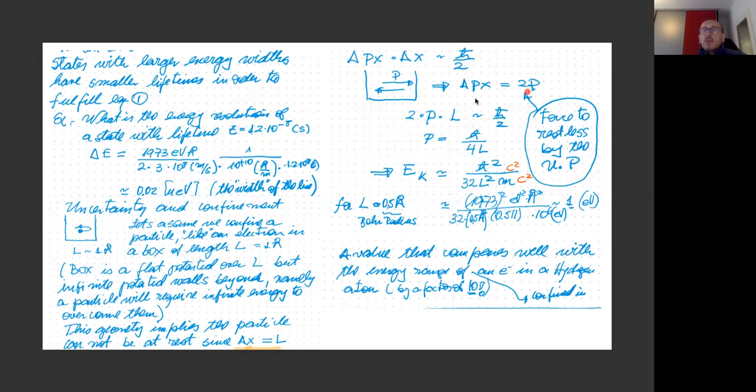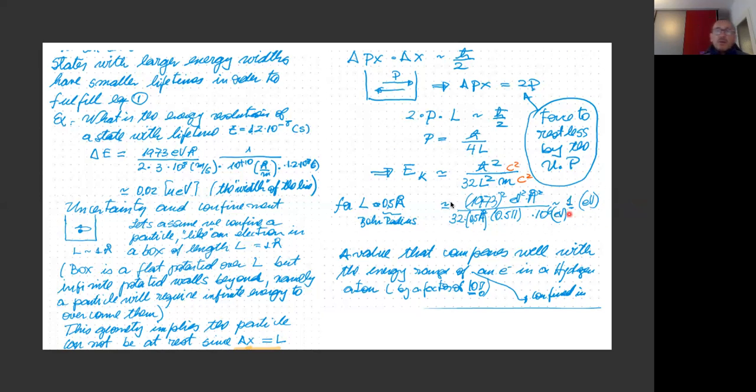If delta P is twice P, and this length here, delta X, is the length, I'm considering that to be of the order of h bar over 2. It means that the momentum is h bar over 4L, and I can calculate the kinetic energy of the particle moving inside, and it turns out to be of the order of 1 electron volt.